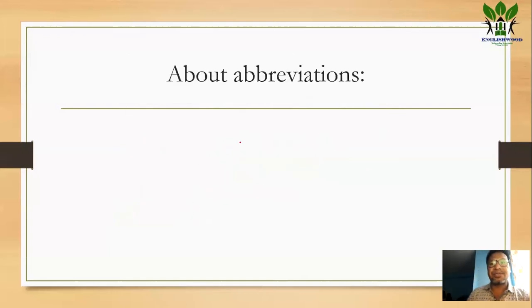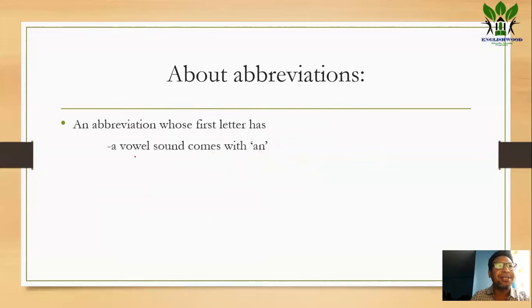So when you talk about abbreviations, an abbreviation whose first letter has a vowel sound comes with an, simple. A consonant sound comes with a.